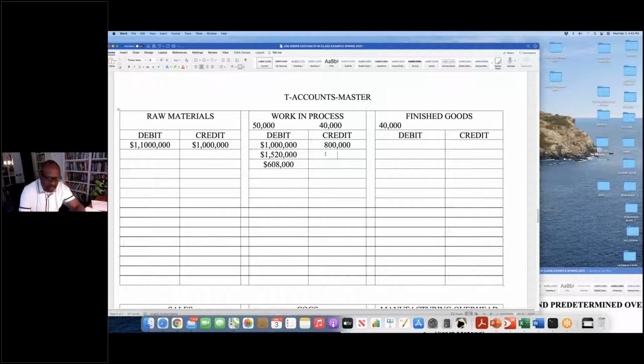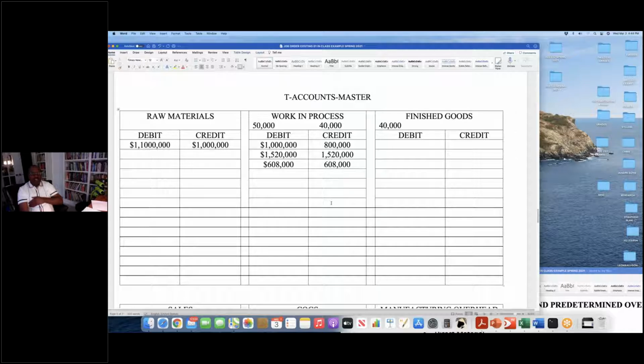But it says we're going to transfer out all of the labor, because those folks have gotten their money and gone, and all of the related overhead. So we transfer all of these costs out, but only a part of the raw materials. So we add these up.